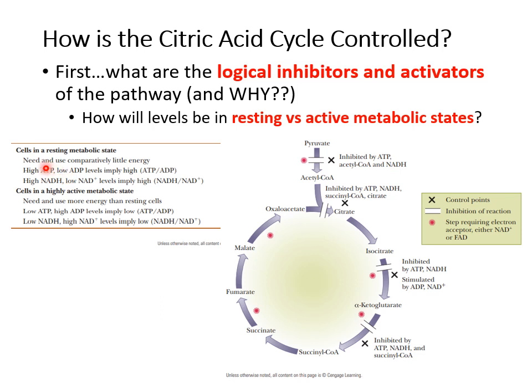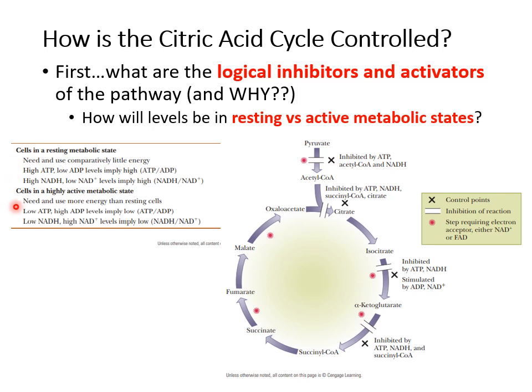And what do we know about those? Well, if we have a ton of ATP and NADH, why would we have to do the citric acid cycle? We already have them. It would be a waste of time and energy. Okay, so in these cases, in a resting metabolic state, the citric acid cycle will be inhibited.